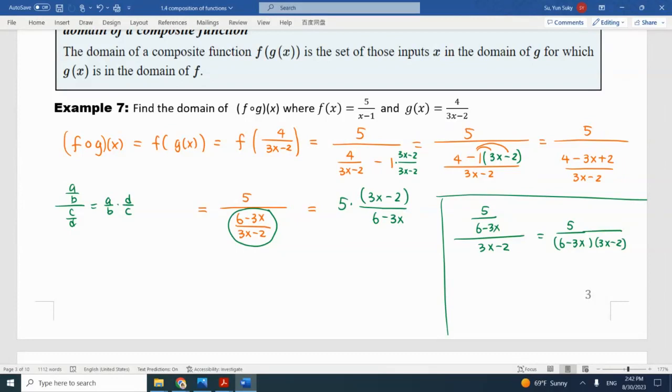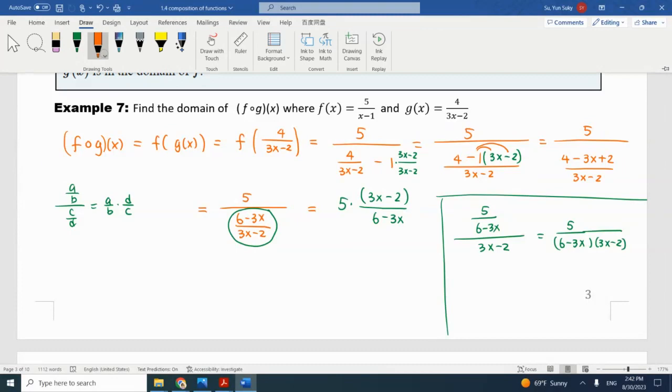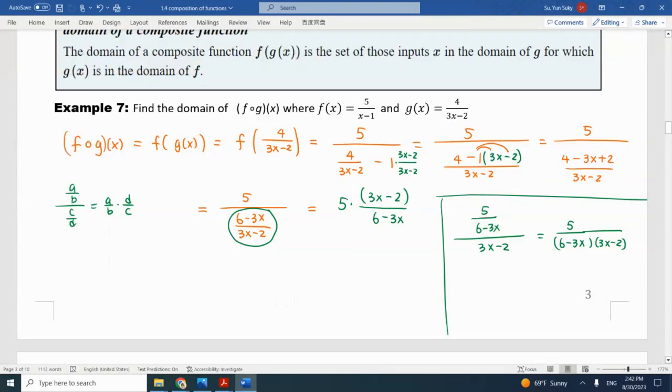Okay, so let's write it down here. Do you still have space here? Okay. So what is the domain of G? So you look at the G.